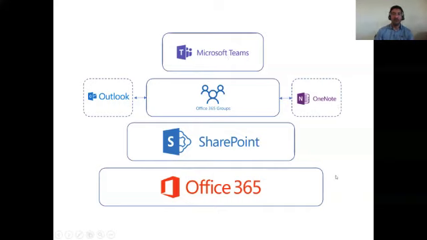Initially, all the policies are governed at an Office 365 tenant level. First of all, you tell whether your tenant is supposed to allow external sharing or not. If that policy is enabled, you further tell at a tenant level whether you want to allow Teams to be enabled for guests, and whether you want to allow SharePoint to enable external sharing or not.